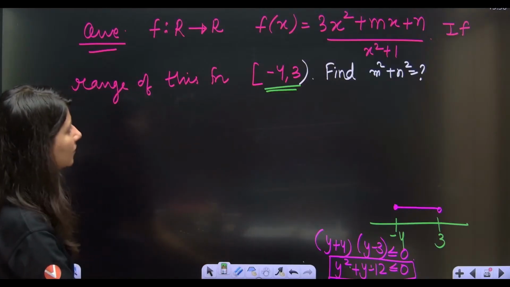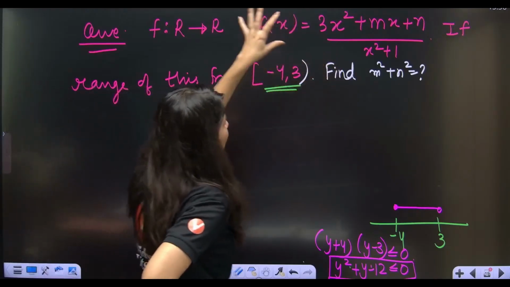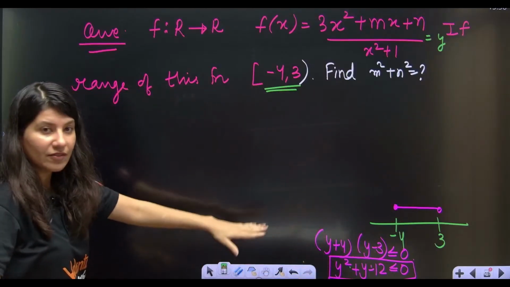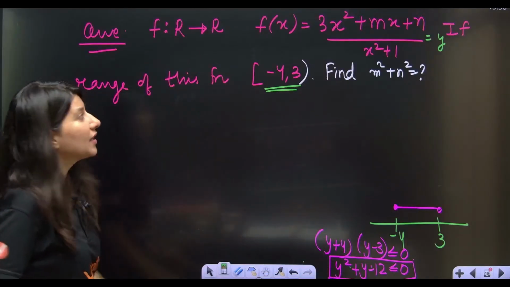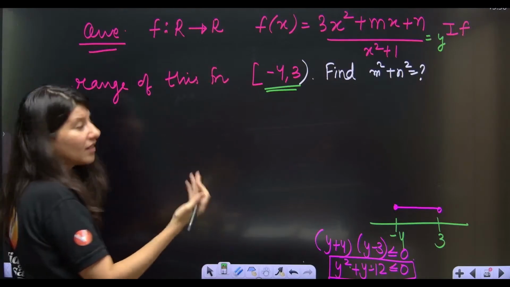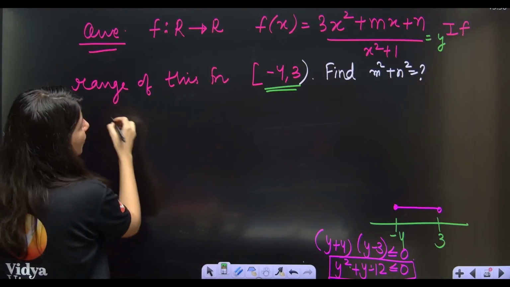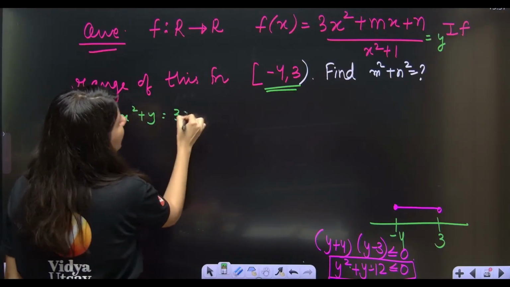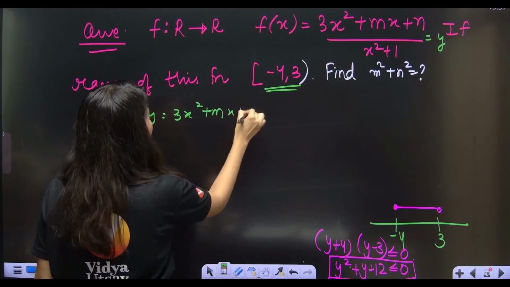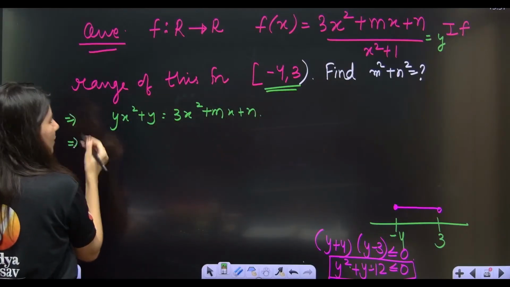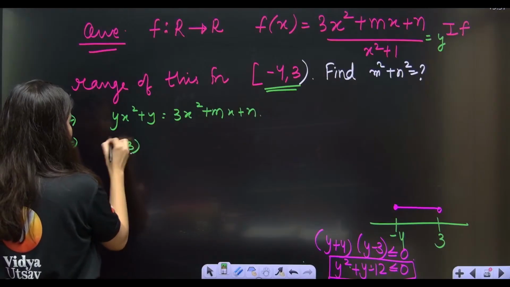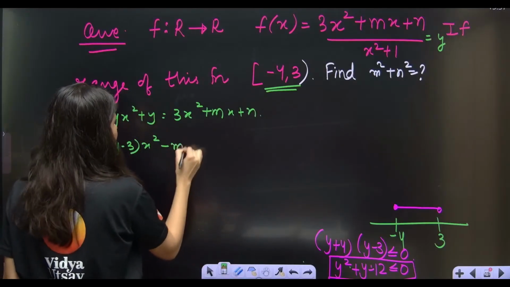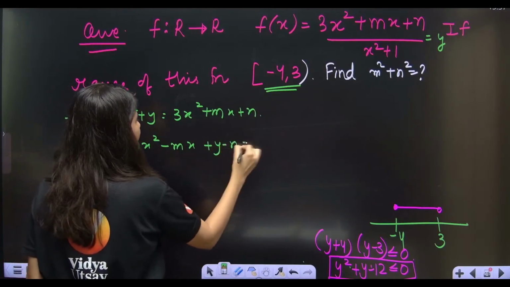Okay, alright. Now again, if this is your question, then what will you do? So let us keep it this way. And now you create your own quadratic in x, discriminant, and eventually let's do the whole process. So this is y(x square plus 1) equals 3x square plus mx plus n. So now (y minus 3)x square minus mx plus (y minus n) equals 0.